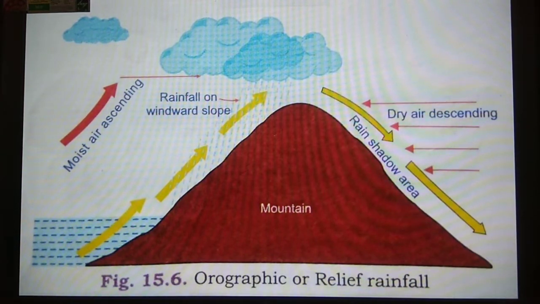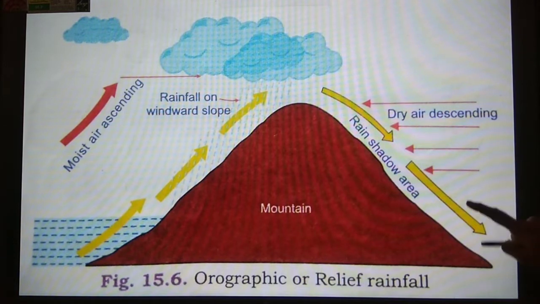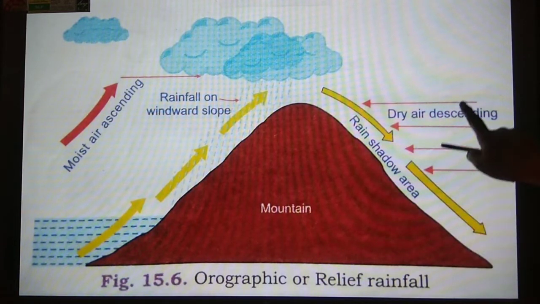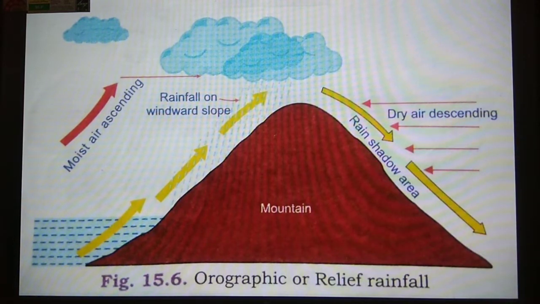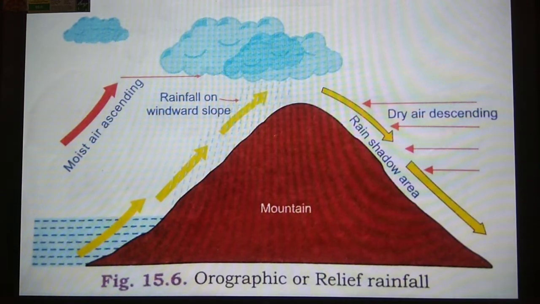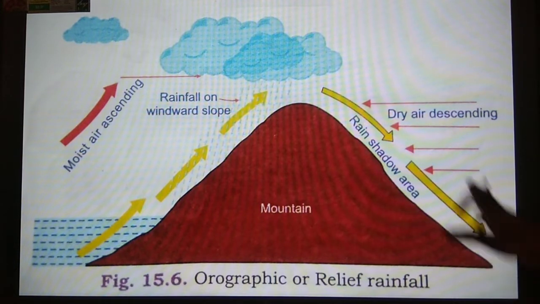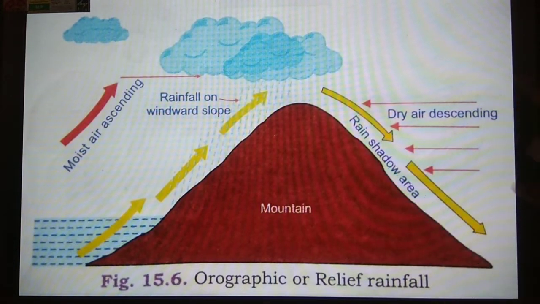The wind here is cool, and cool wind is heavy, so it starts descending. Clear? As altitude decreases, both pressure and temperature increase, leading the air to get compressed and warm, and consequently the relative humidity drops, and there is evaporation and little or no precipitation in the rain shadow area.